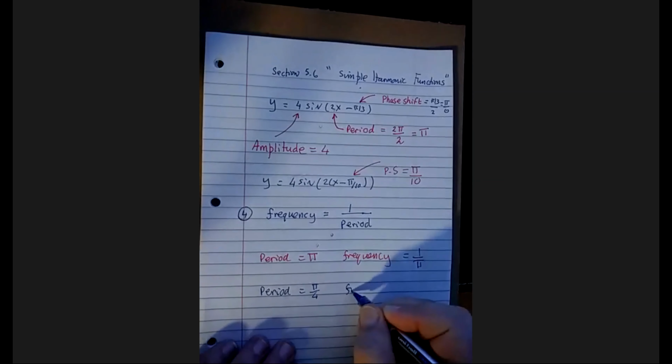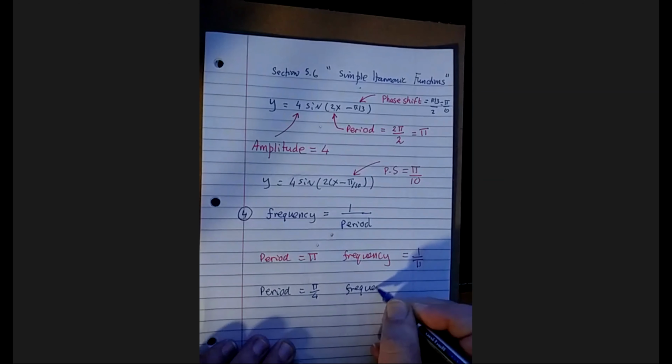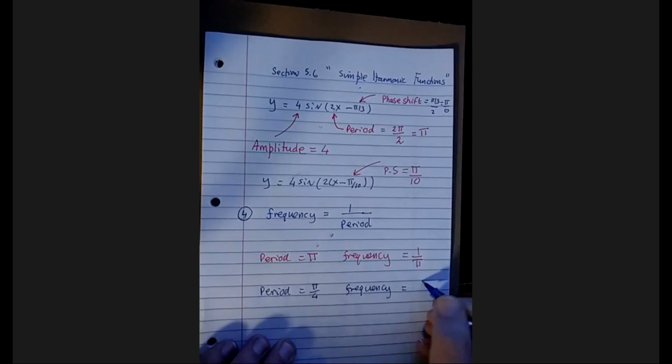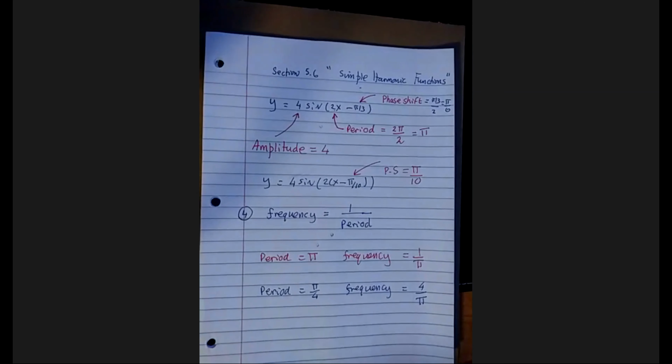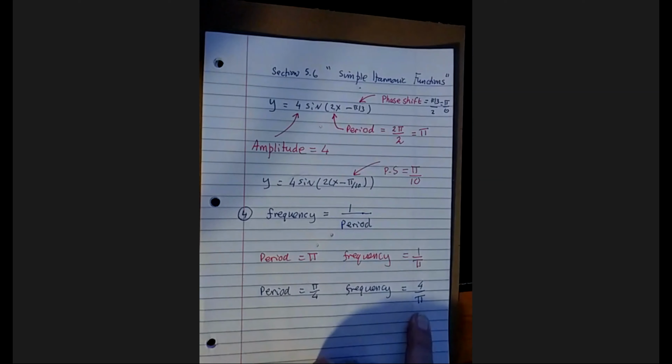Then in that case, the frequency would be 4 over pi. You know, if you find the reciprocal of a fraction, you essentially turn it upside down, right? The top becomes the bottom and the bottom becomes the top. So if you know the period, you pretty much get the frequency for free.